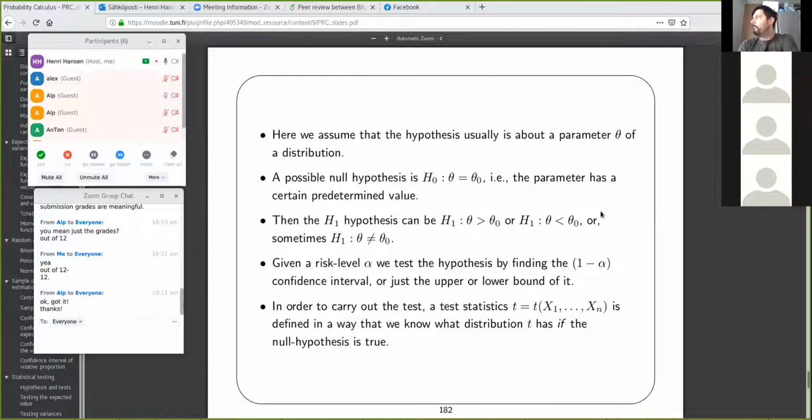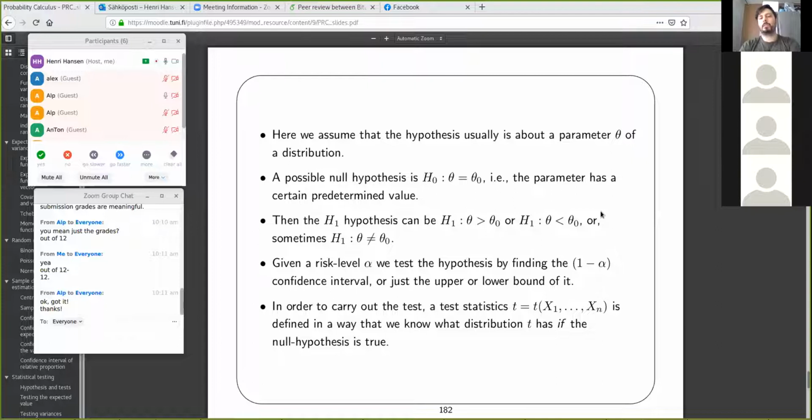If the lower region of the confidence interval is above 0, it means that the confidence interval, wherever it may be, will always contain only positive values. Then we reject the hypothesis that it's 0 and accept the hypothesis that it's greater than 0, for example.